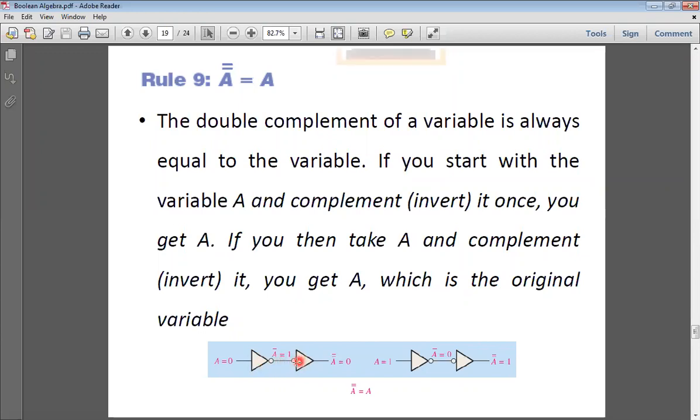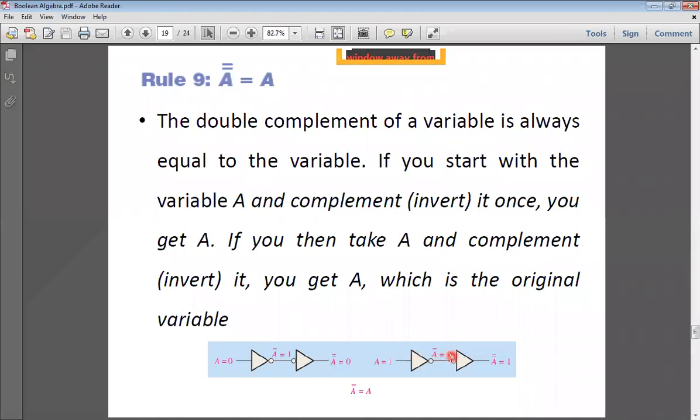An inverter is a circuit which implements the complement operation. So we are inverting twice. Take A here, what we get is A bar here, and A bar is applied to another inverter, and we get A double complement.